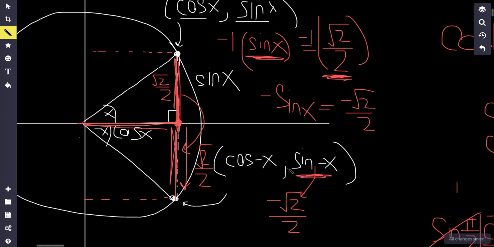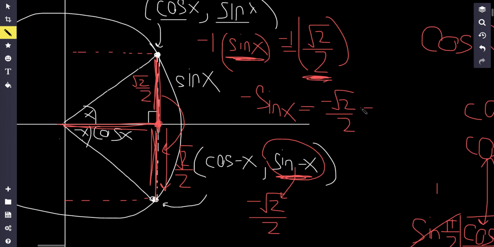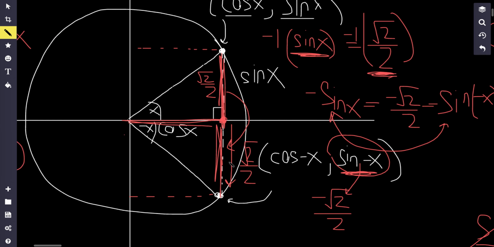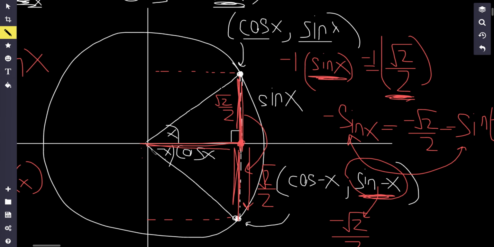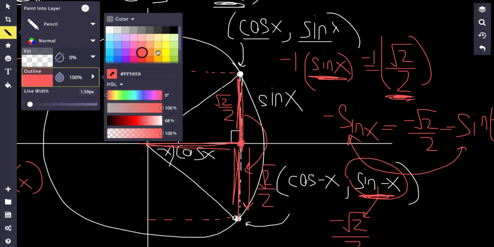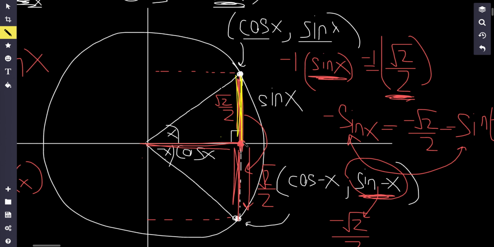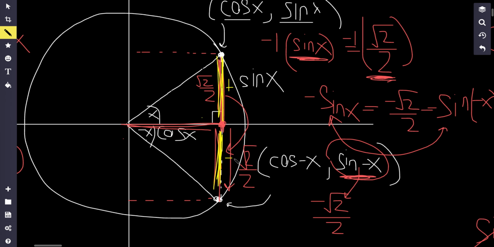But we just said that sine of negative x is equal to negative radical 2 over 2. So that means that these two things have to be equal to each other. This is why sine of x is an odd function. If you look at the triangles we've created with this x degree angle and this negative x degree angle, notice how the y values are the same length, except that one is positive and one is negative.